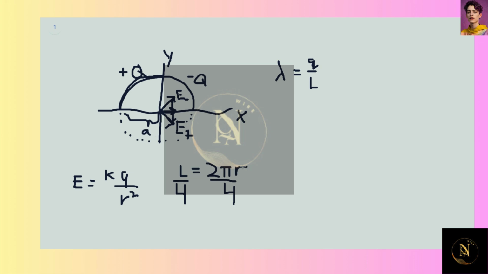Then r is going to change to a, and then we'll see that 2 and 4 cancel, and we'll have pi a over 2 as the length. So we plug that in for L, and we should see 2q over pi a.